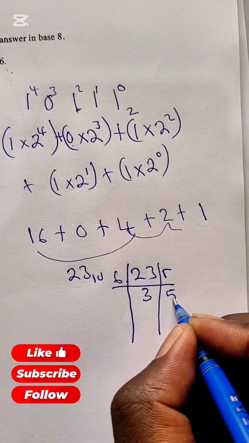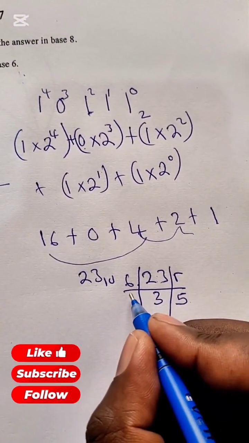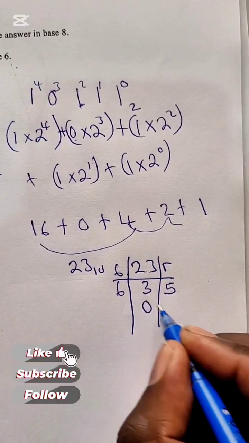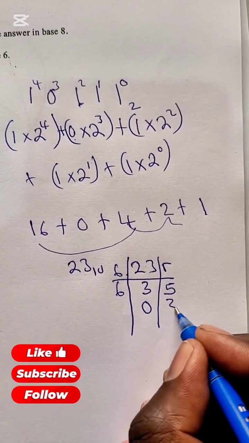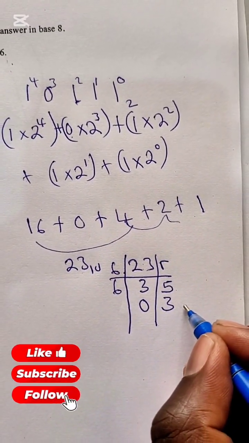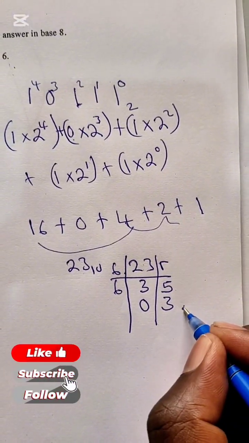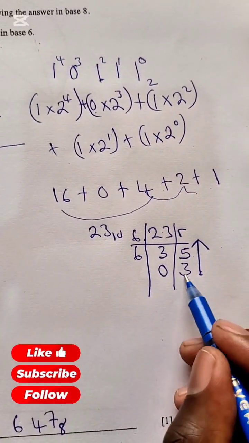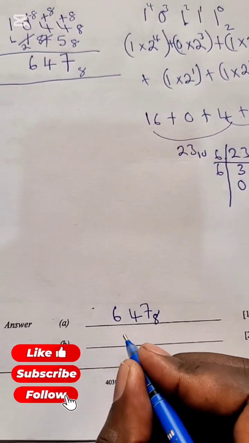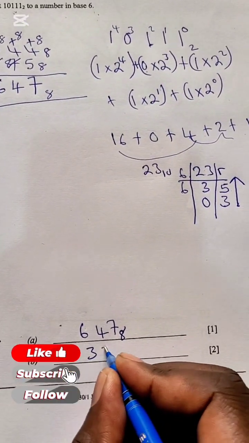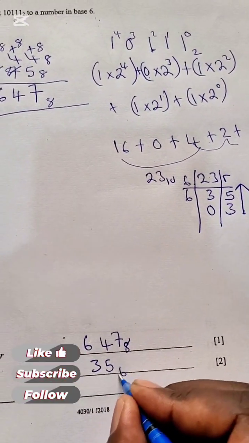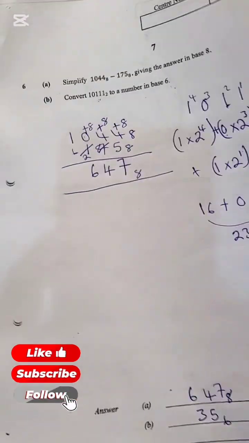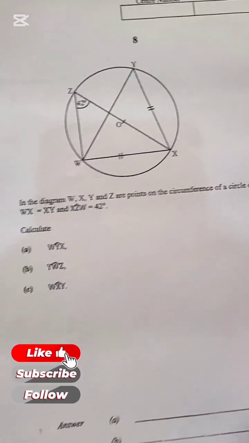Remainder 5. Okay. Then 6 into 3, that's 0. Remainder 3. Remember our remainders are the answer, and we take from the bottom going upwards. So it's now 3, 5. So the answer will be 35 base 6. Easy. Okay. Next question.